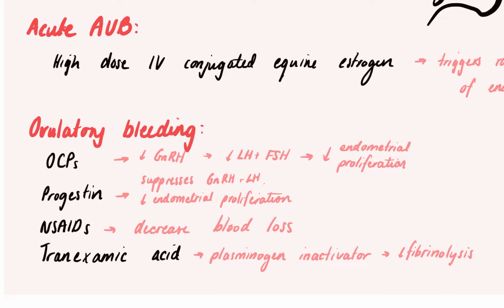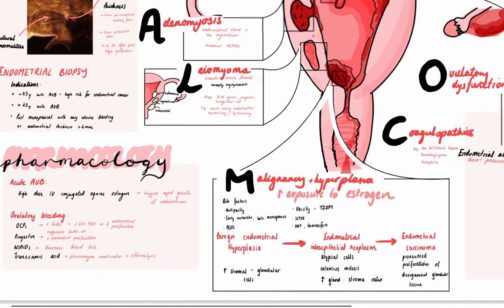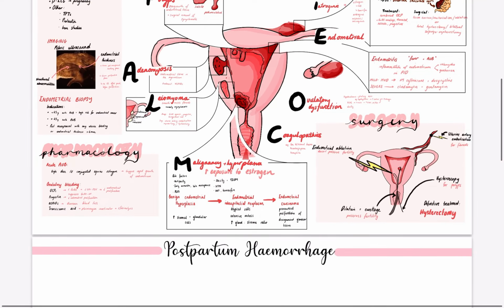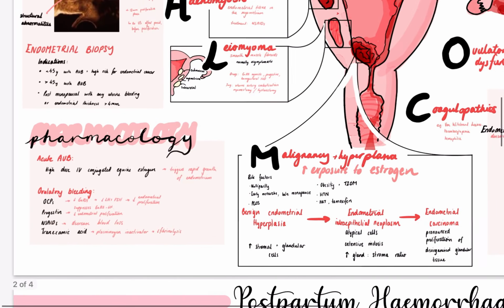You can also use progestin or progesterone, for example, in the form of the progesterone-only pill or the Mirena, and this suppresses GnRH and LH and, again, reduces endometrial proliferation. NSAIDs, we mentioned, are used, for example, in adenomyosis, and this helps to reduce blood loss.